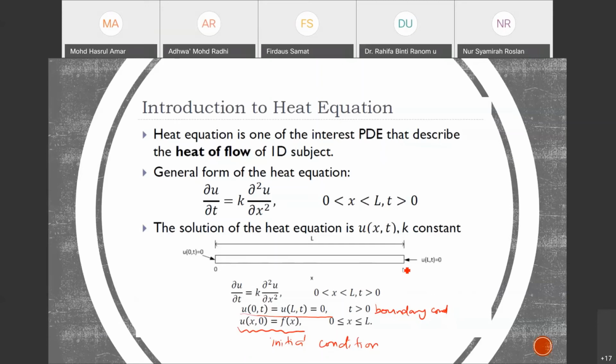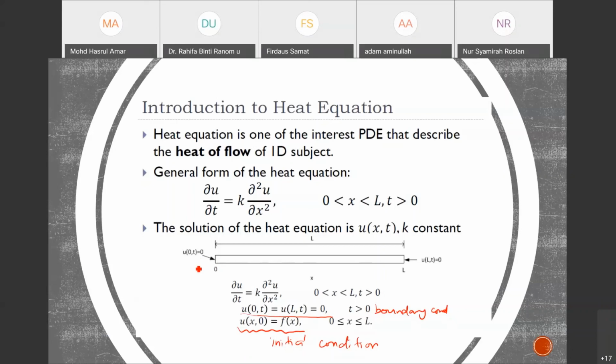Any questions? As I said, you are going to solve the same equation. What makes the difference in the question is the value of the constant K, the value of L, the length of the rod, and the initial condition and the boundary condition. The zero can be changed, as I said earlier: at x equals 0, U(0,t) equals 100.